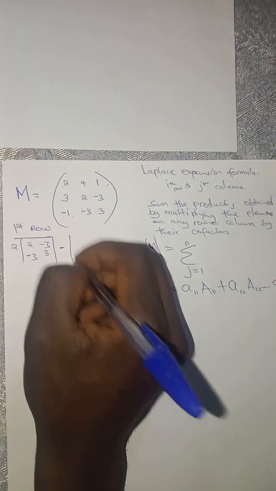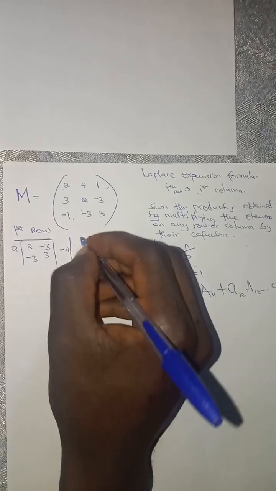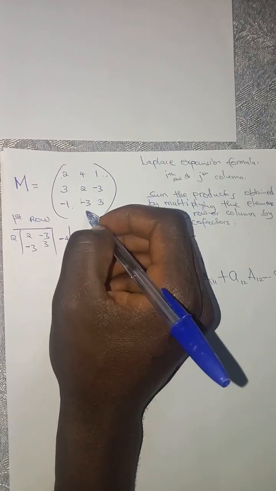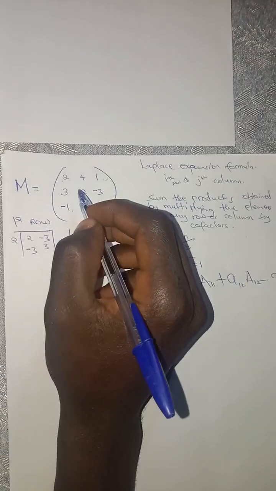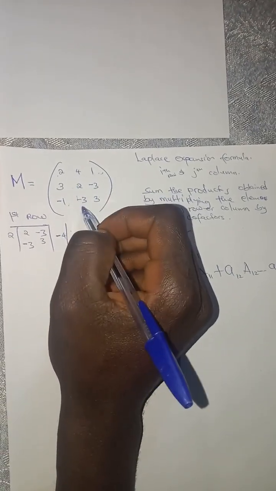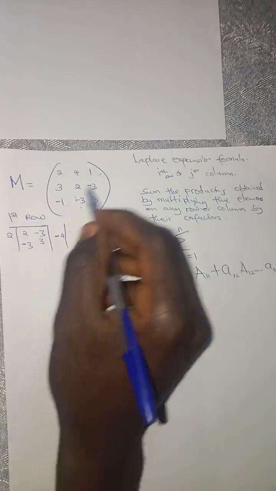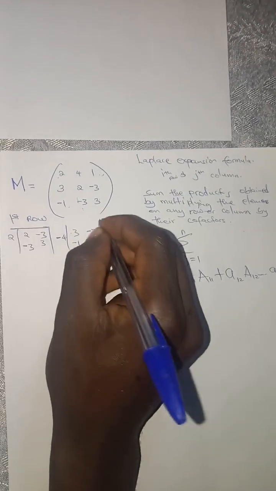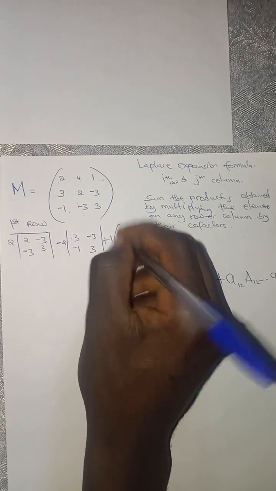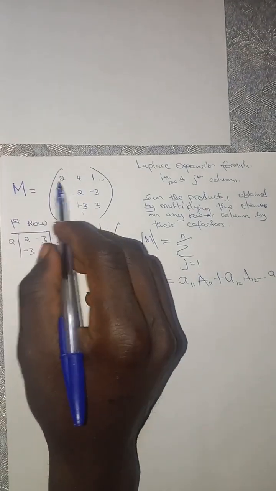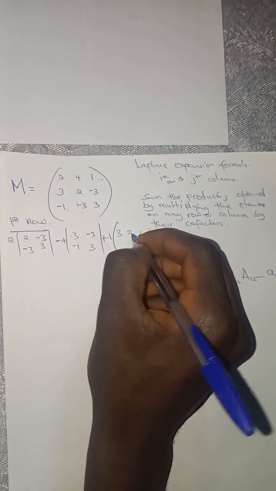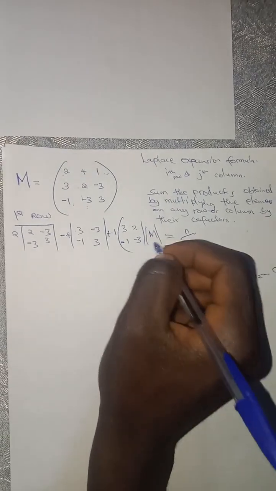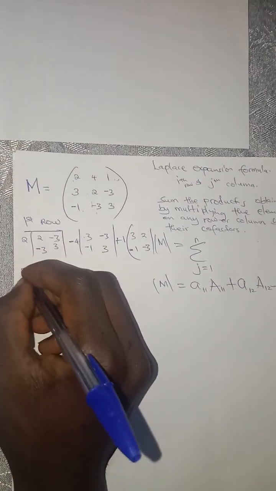Then minus 4 into the elements left when the row and column where 4 lies are not considered: 3, -1, -3 and 3. Then plus 1 into 2, 3, 2, -1 and -3.